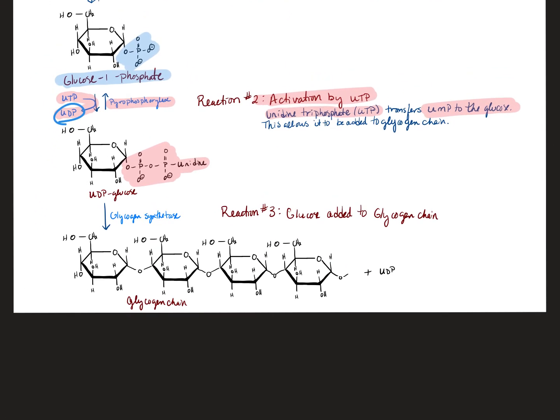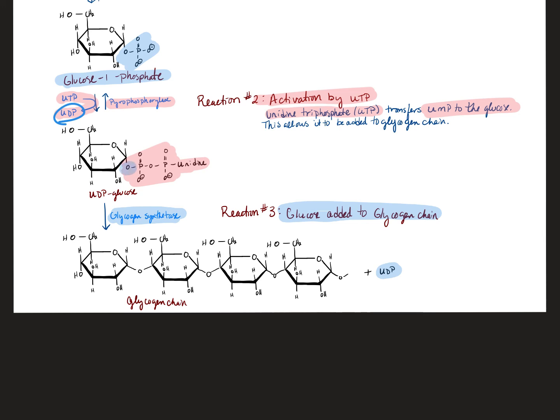So let me go down here just a little bit. And so here's how this guy works. We then have another enzyme called glycogen synthetase that adds that glucose to the glycogen chain. So we're going to end up with UDP in the end, but that glycogen synthetase allows these chains to be linked together.